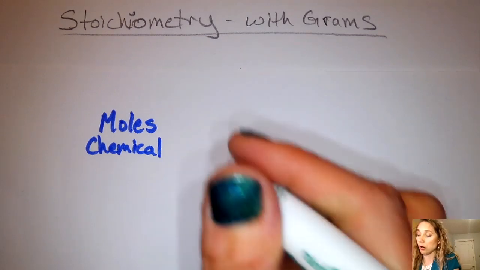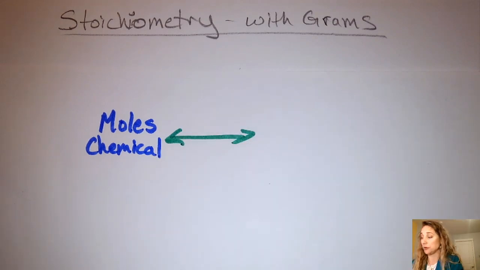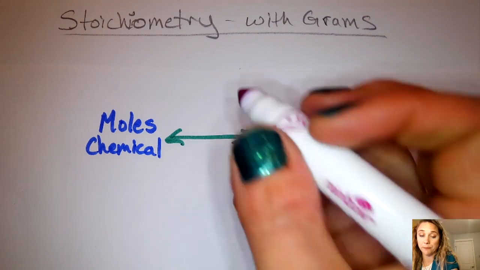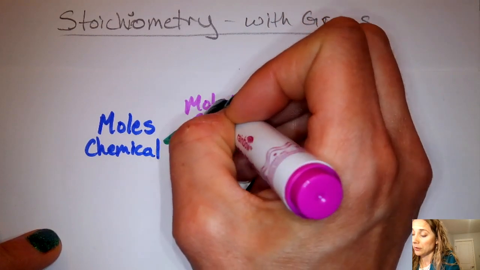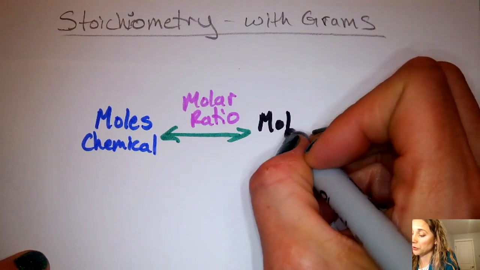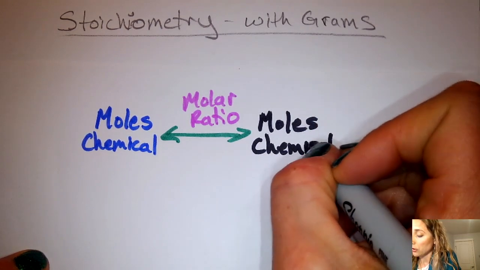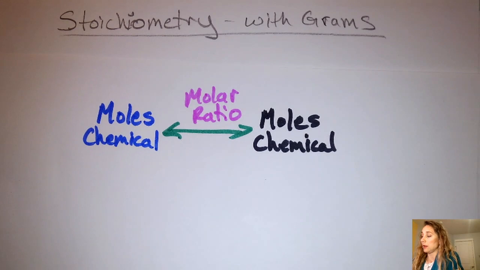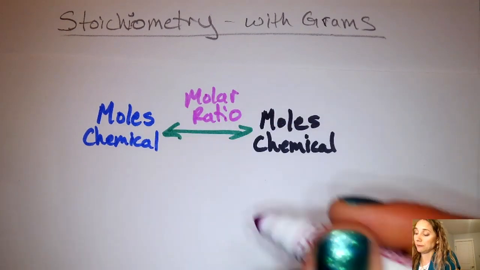And we were taking the coefficients in the reaction equation and using that molar ratio to determine how many moles of another chemical. So, simple enough. We're still doing that. We're not really changing that part. Okay? And we still need the chemical formula. So, let's put that down.